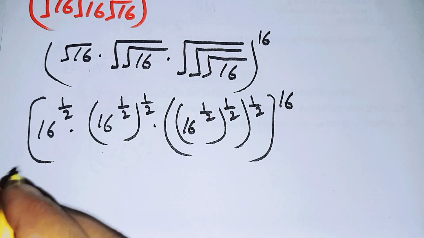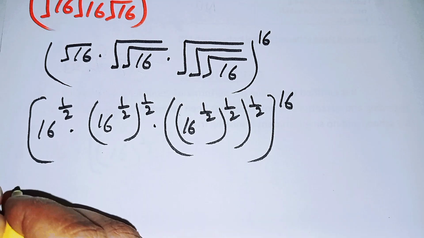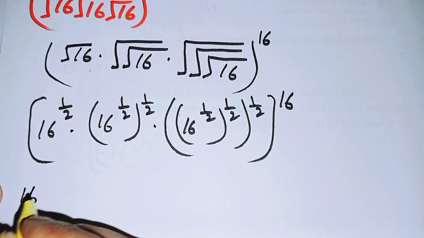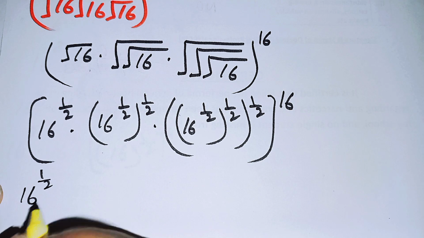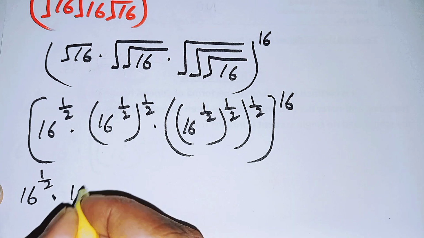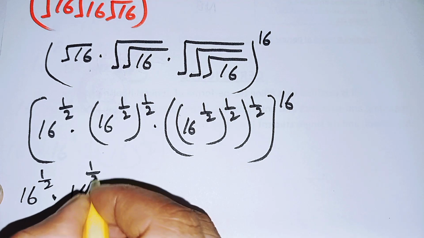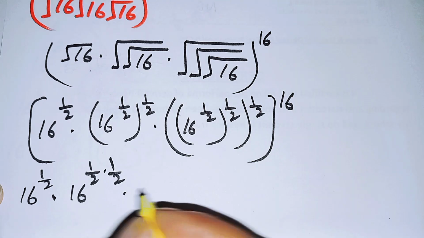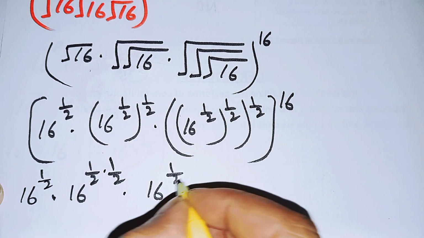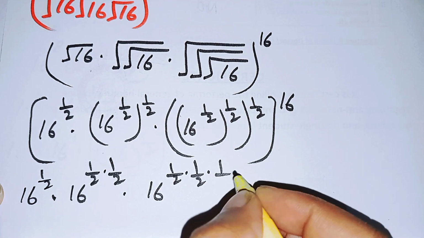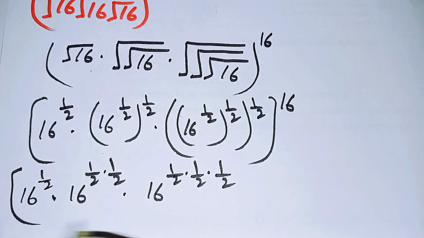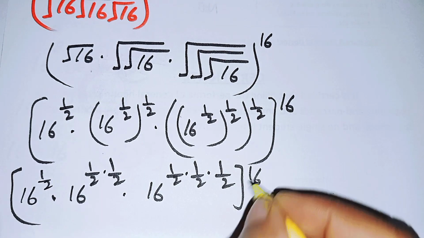And now here this 16 to the power of 1 over 2, and then times 16 to the power of 1 over 2 times 1 over 2, and then times 16 to the power of 1 over 2 times 1 over 2 times 1 over 2, and the whole thing to the power of this 16.